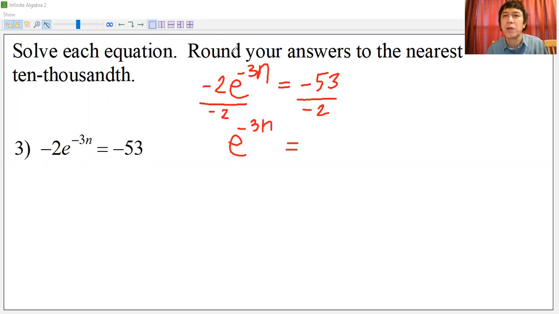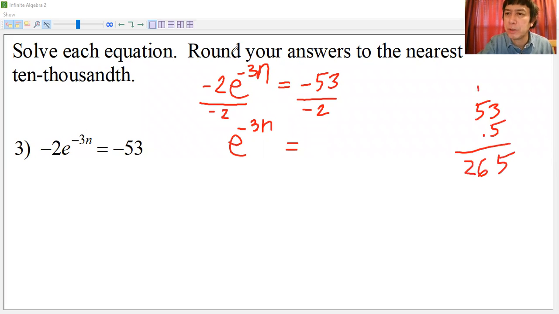The right side is now positive. How much is that? 53 divided by 2, so it's the same as 53 times 0.5. That's 26.5 positive.